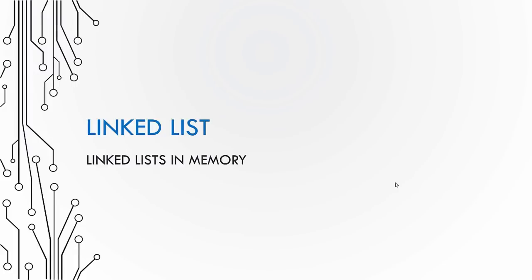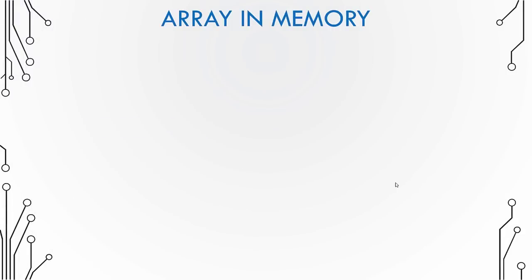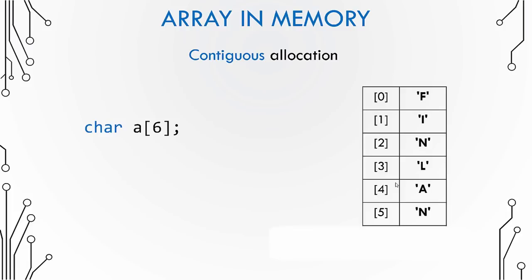Let us talk about how linked lists are organized in memory in this video. Now, before we go ahead, let us see how arrays are allocated in memory. Well, arrays are allocated continuously. When you declare an array, the compiler allocates a block of memory corresponding to the size of the array. In this case, the array is of characters and it has 6 elements.